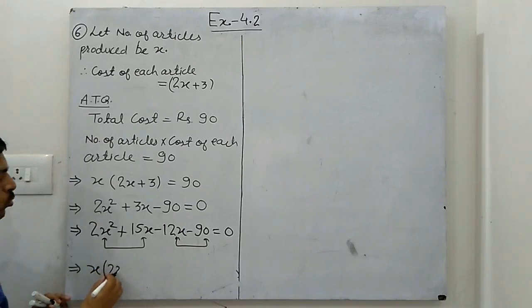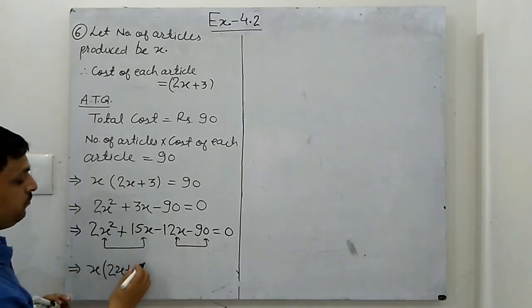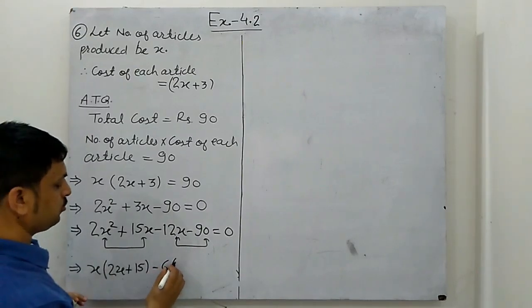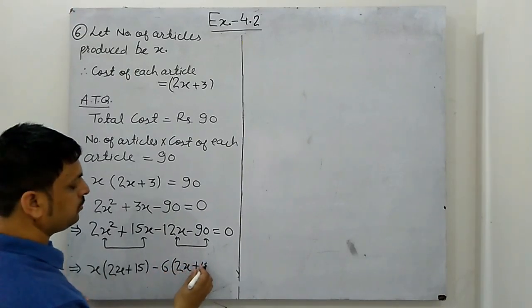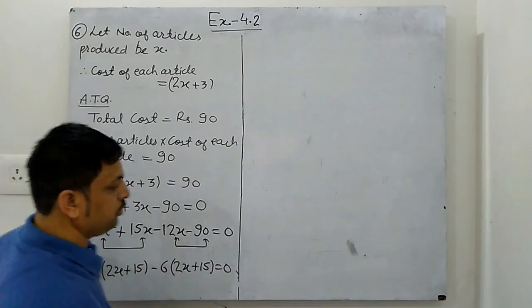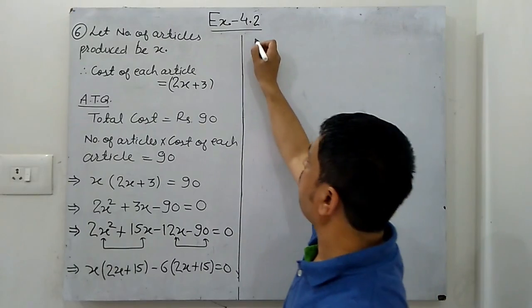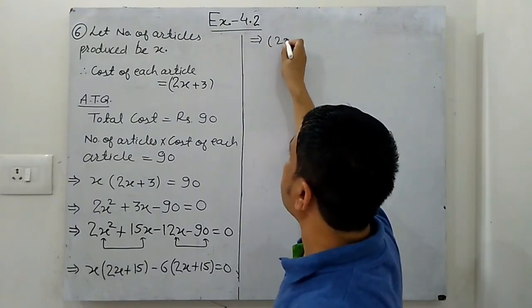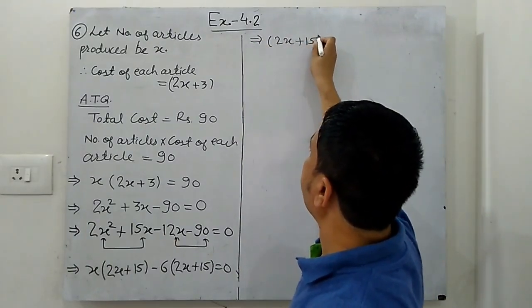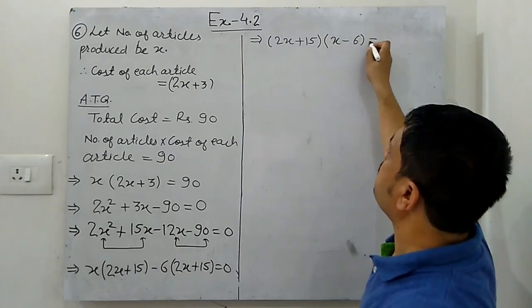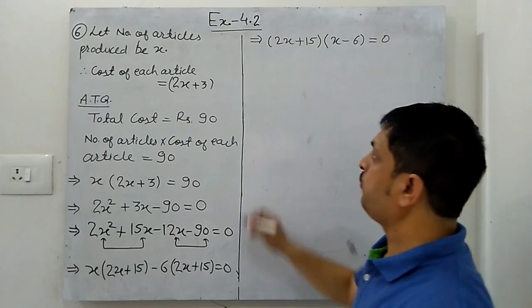So it will be 2x plus 15, minus 6 can be taken as common. So it will be also 2x plus 15 equal to 0. Now 2x plus 15 is common. So 2x plus 15 and x minus 6 equal to 0.